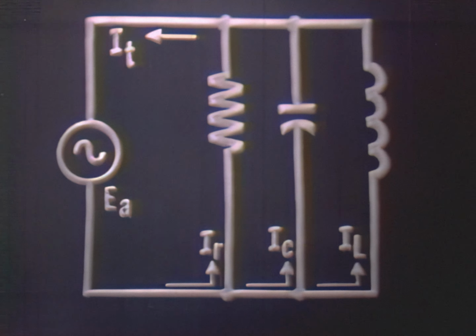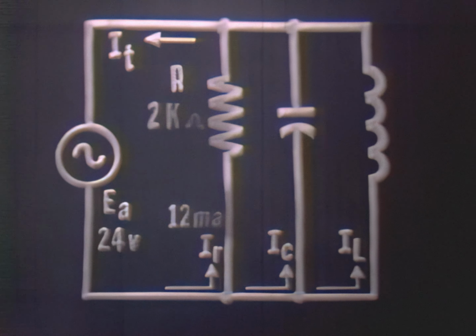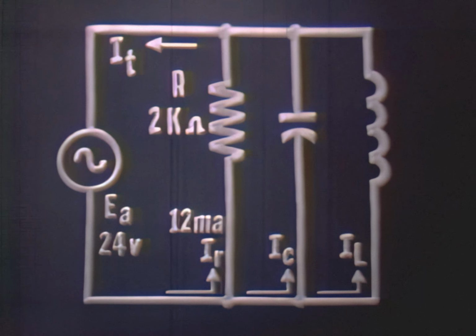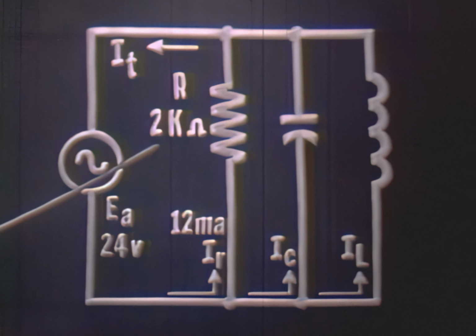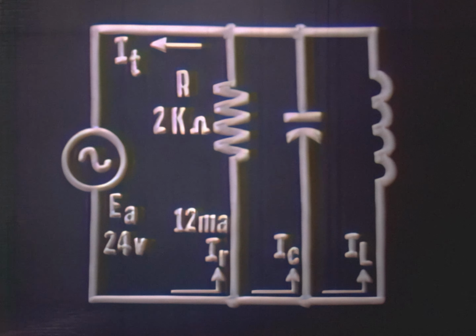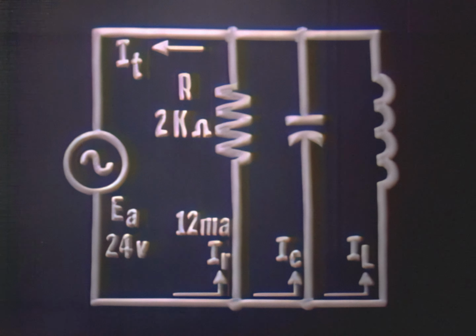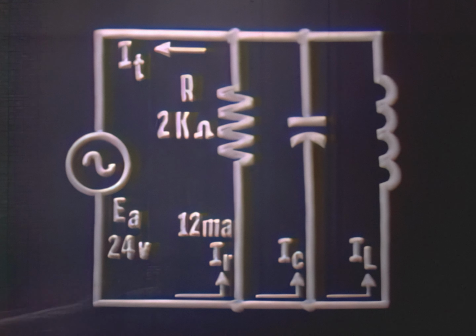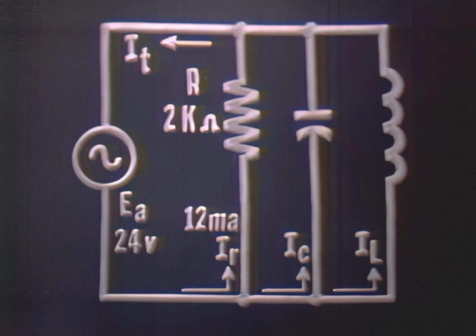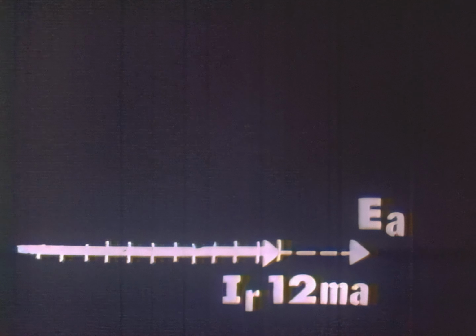Solving for branch currents by applying Ohm's law and plotting these vectors, suppose we assume our resistor is 2K ohms with an applied voltage of 24 volts. Using Ohm's law, our current would come out to be 12 milliamperes. We would plot this on a vector like this, where IR would be equal to 12 milliamperes at 0 degrees and in phase with EA.